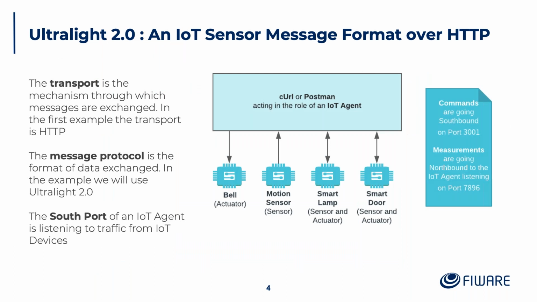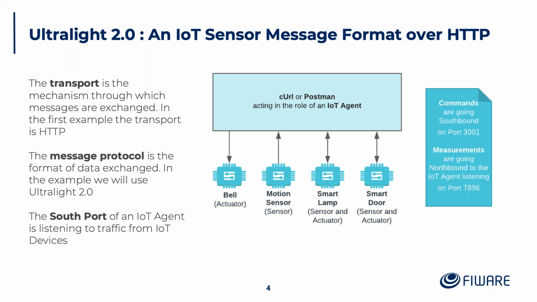We're going to use a message format called Ultralight, which is a message protocol, the format in which the data is exchanged. If you think about it, you could have a very verbose format like, say, XML, where you've got lots of angle brackets and lots of data in there. You could have a very tight format like just binary bits, because your device is very constrained in what it can do.